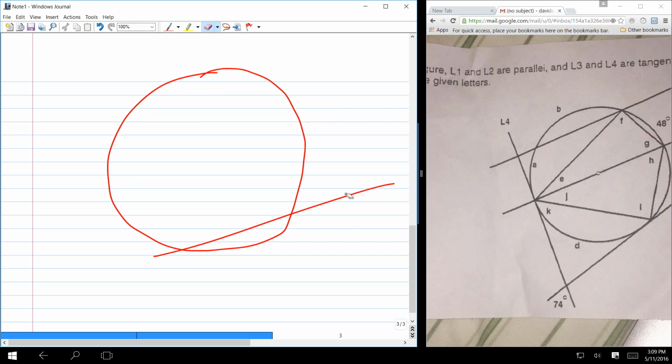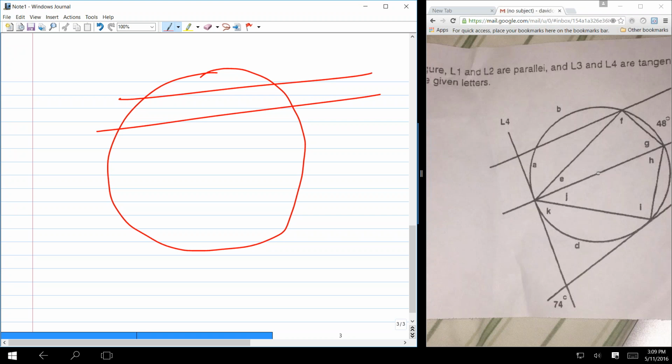It doesn't matter where I want to draw them. I could draw them like this, and I could draw it like that. That arc's going to be the same as that arc. So A has to be 48 degrees, just like its opposite.